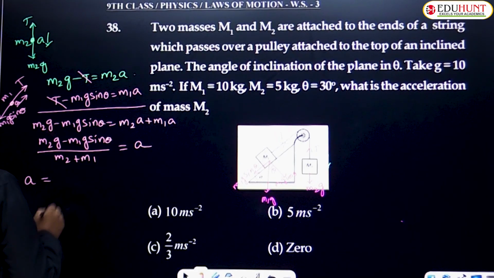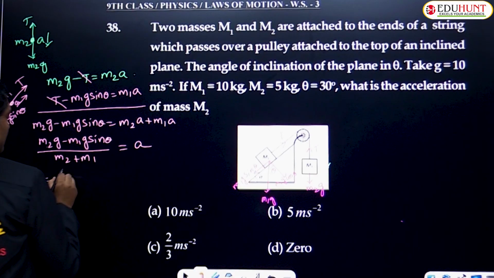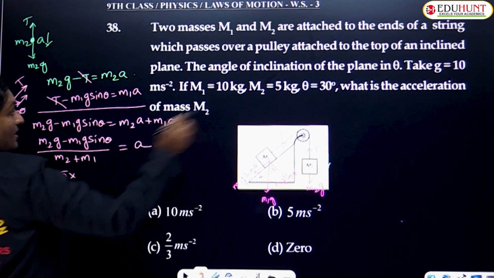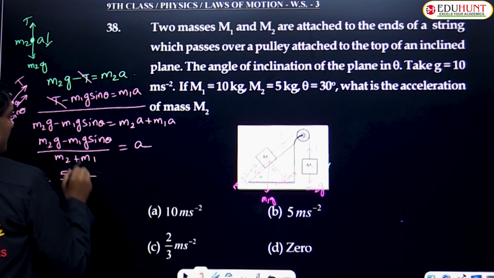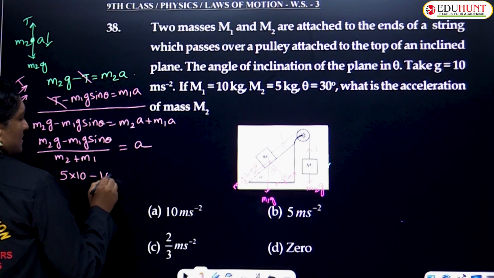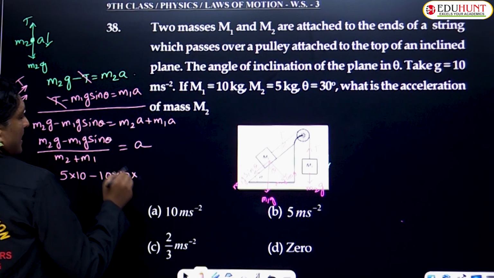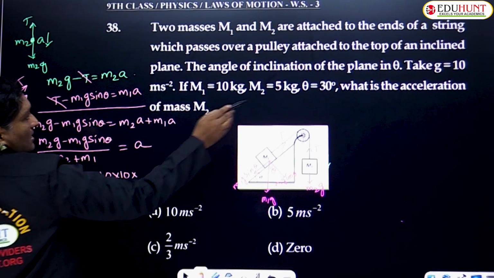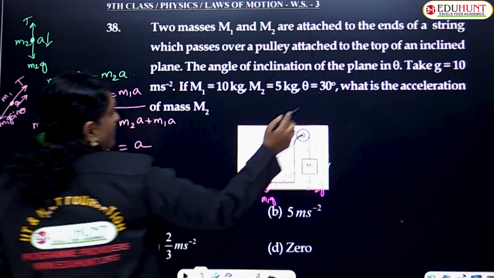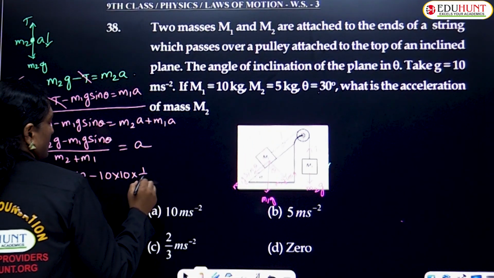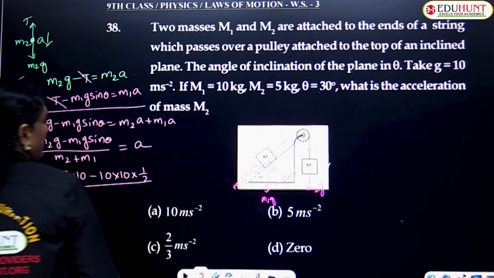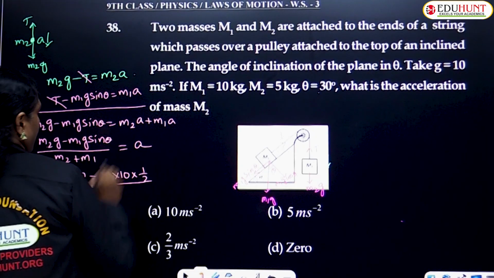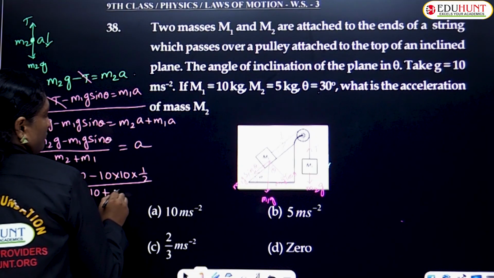Hence the value of A: what is M2, children? 5 kg. The value of G is 10 meter per second square. Minus M1 is 10 kg, G is again 10, sin theta is sin 30 degrees. What is the value of sin 30? 1 by 2. Whole upon M1 plus M2. What is M1? 10. And what is M2? 5.